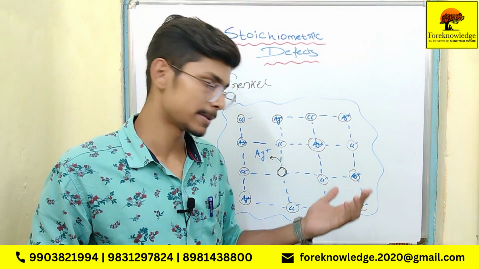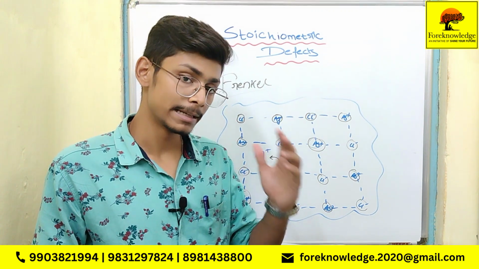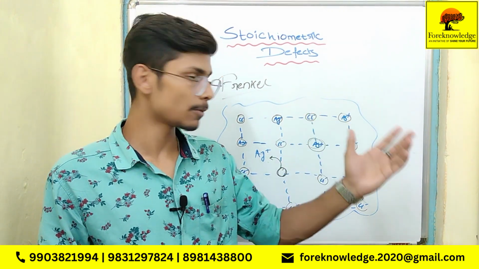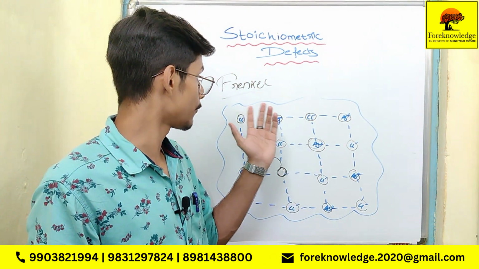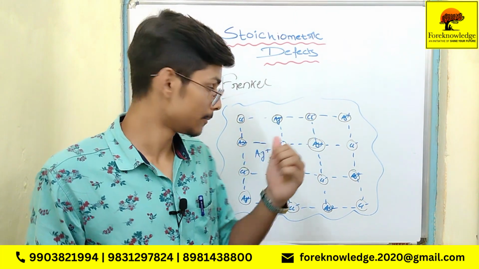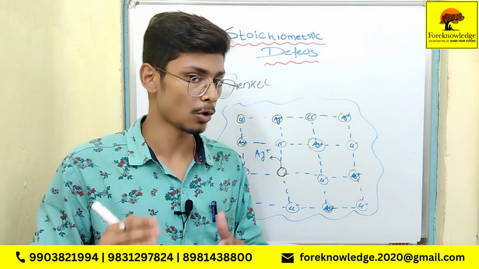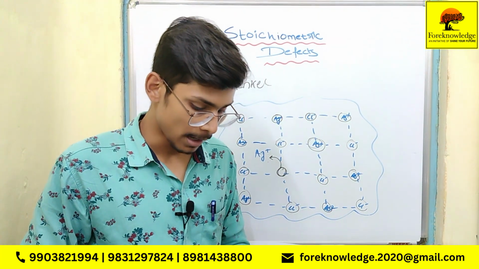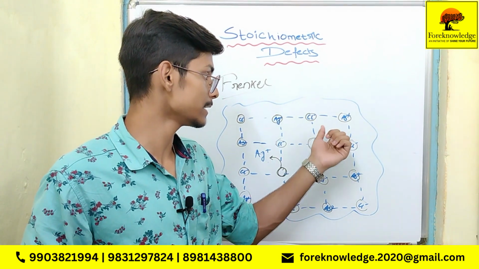Okay, this structure is basically neutral and it is generally observed in the elements of d-block and f-block. Now, for Frenkel defect, the crystal must possess a low coordination number, and there should be a large size difference between anion and cation.